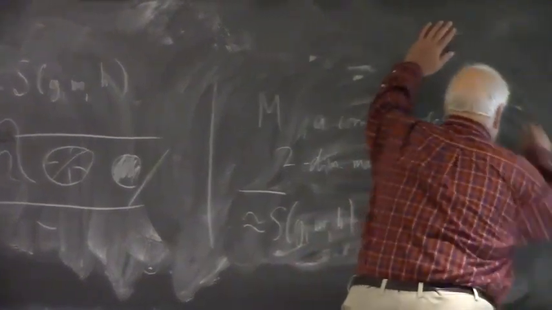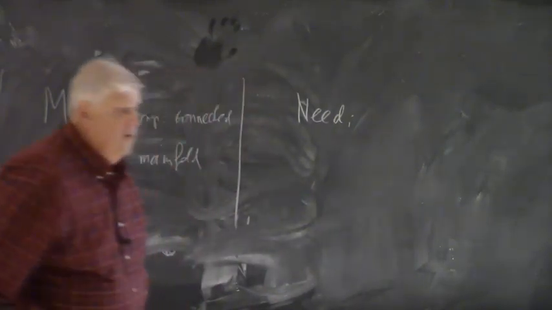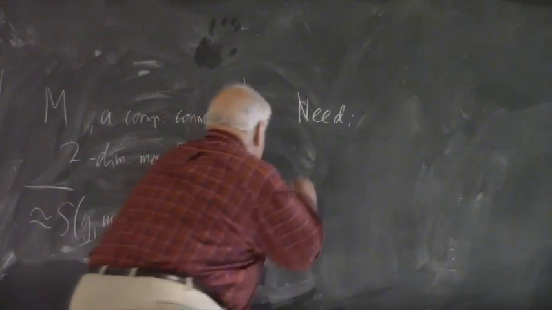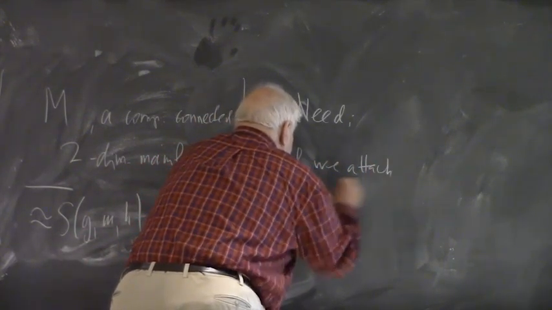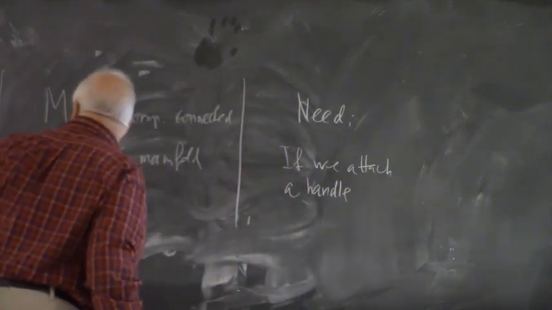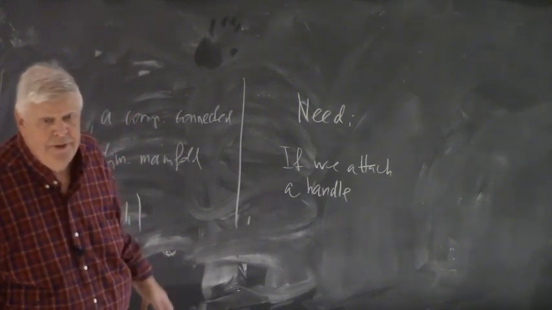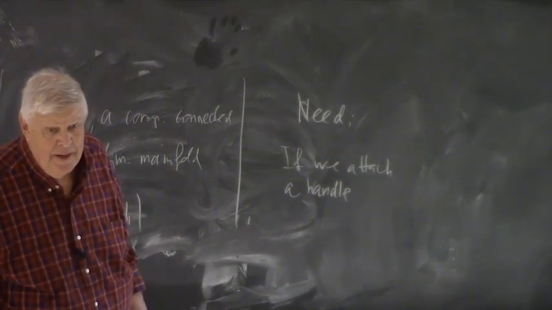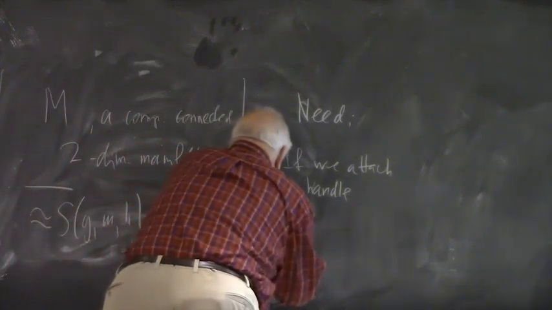What we need to prove? We need to prove that if a manifold to which we attach handles, if we attach a handle again and again, the handle in the Morse theory and the handle in the classical surface, these things may have some visual similarity, but they're not the same. If I attach a handle to what?